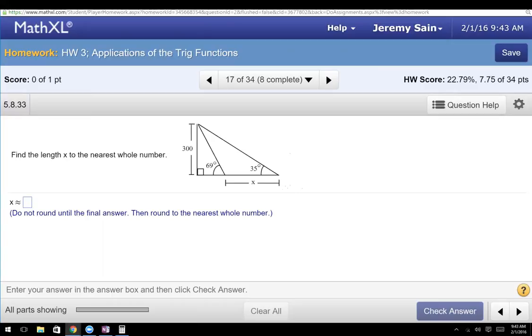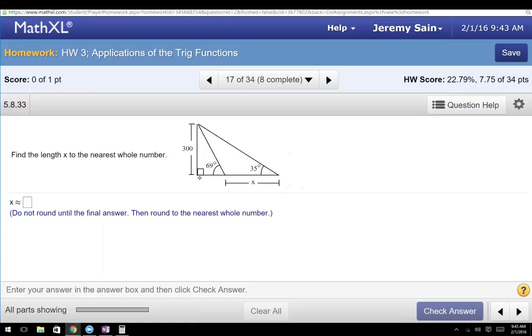Yeah, so if you look at just the little triangle, it's not a right triangle. We don't know how to deal with that yet. So what we're going to do is look at the big triangle to get this whole bottom, and then subtract off the little part.